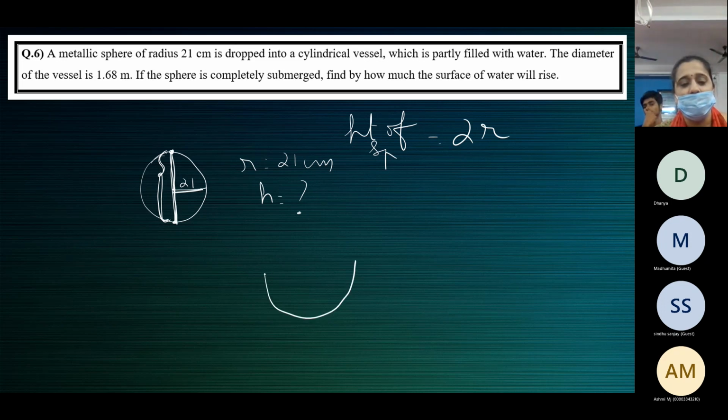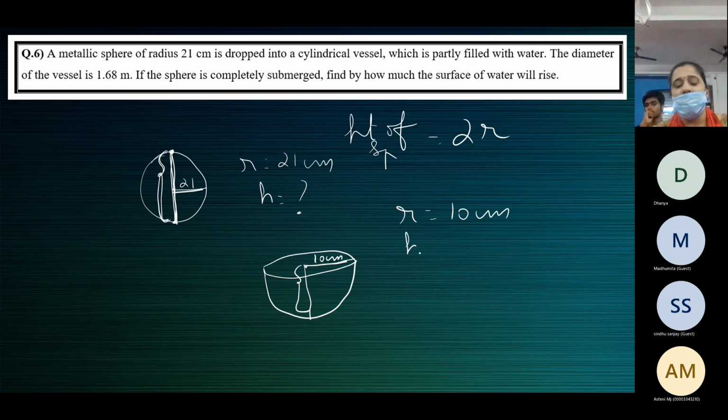Tell me, this is a hemisphere. This one says 10 centimeters. What is the height of the hemisphere? The radius is 10 centimeters for the hemisphere, so the height is 10, not 20.